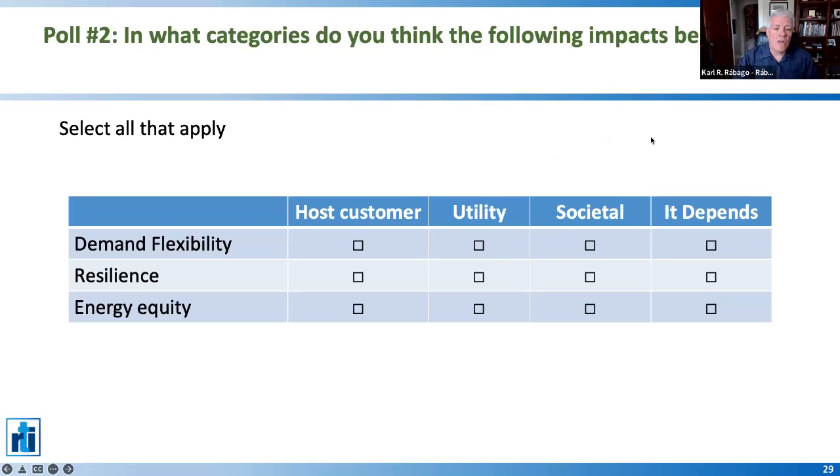Energy equity. Obviously society has a big interest in energy equity, and there are customers who are impacted by utility programs that are not hosts, but nonetheless they are impacted. Society cares about the distributional equity of what's going on. So that is the biggest emphasis for those impacts.